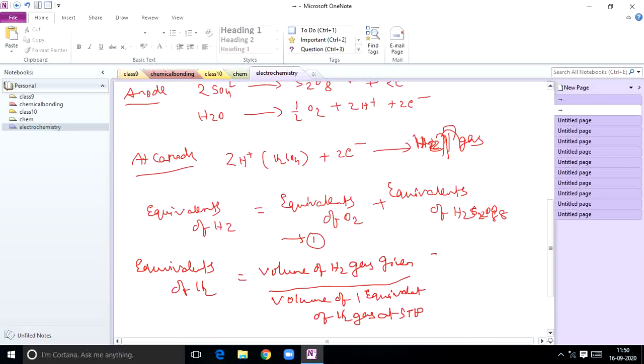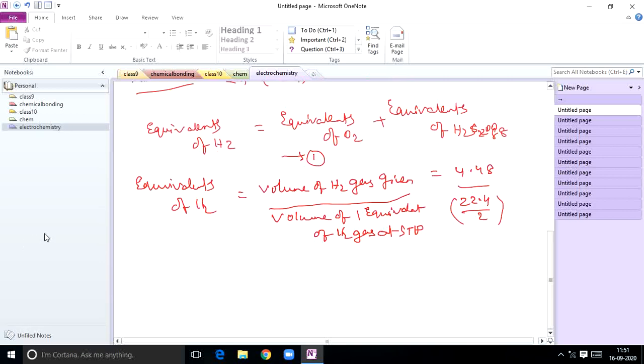That is equal to, you can take here given as 4.48, and volume of one equivalent of hydrogen gas at STP. Actually it is 22.4 liters by 2, because 2 H+ ions are there. Actual volume is 22.4 liters, and for the N factor you have to divide it by 2. So that is the value you will get. Okay, now next.